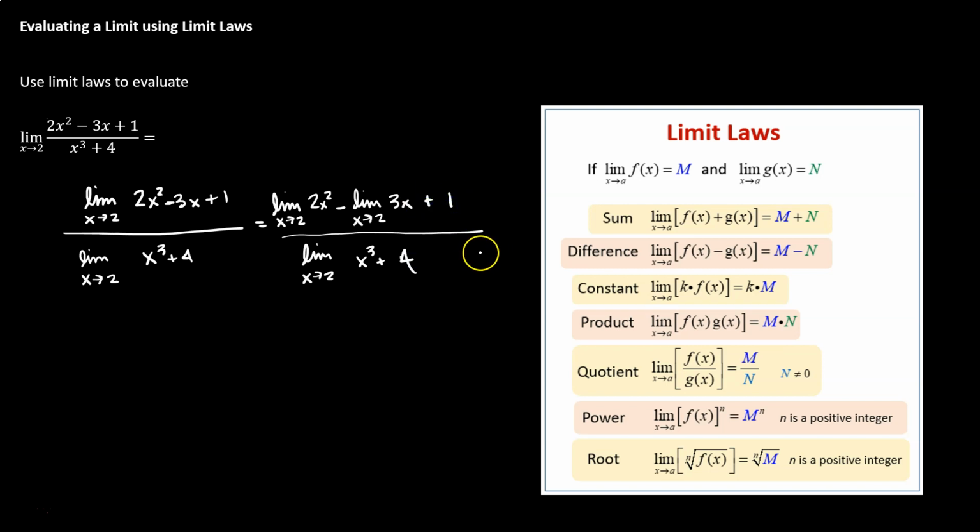Now I'm going to look at my terms and see if there's other rules that can be applied. I see a 2 multiplied to a function of x. I can use the constant multiple rule to factor that out. I see a 3 multiplied to this x. I can also use the constant multiple rule to factor that out. So let's go ahead and go for it.